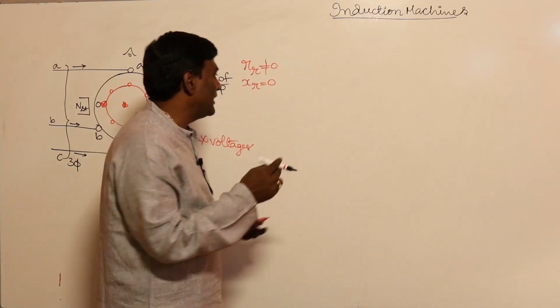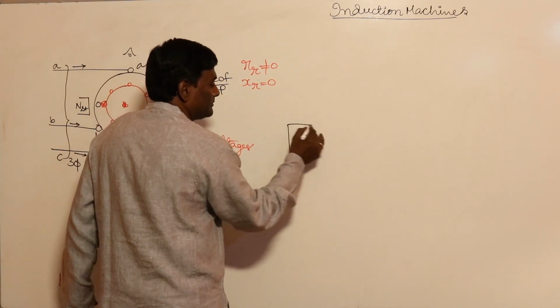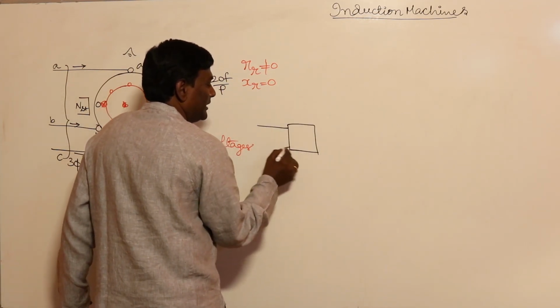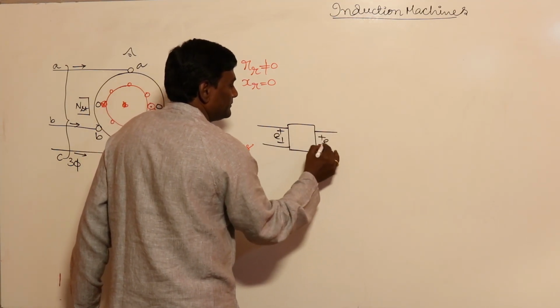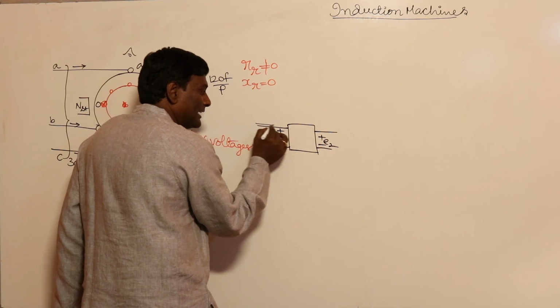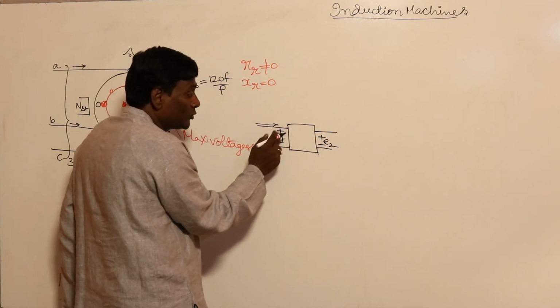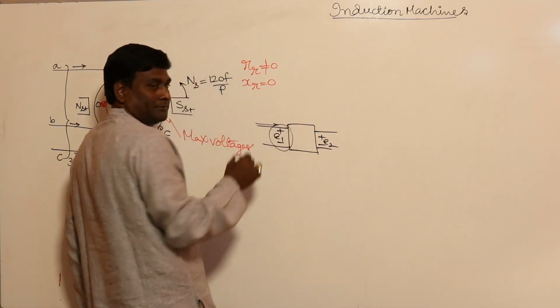Because, for example, let us think of a transformer. In the transformer, the induced voltage is E1 here and E2 here. My current is entering the plus terminal of the induced voltage, such that it absorbs power.